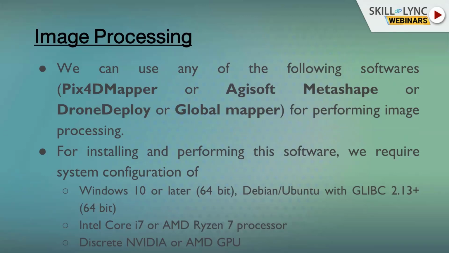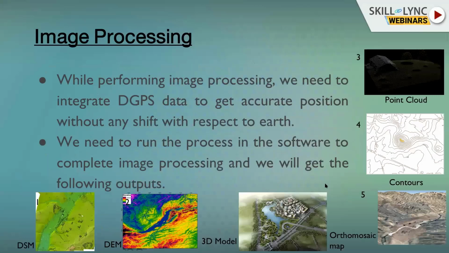For this type of processing software, the system should have a very high configuration, and the RAM should be above 64 GB. Mostly these processes will be done in virtual machines, VMware, or cloud-based applications.